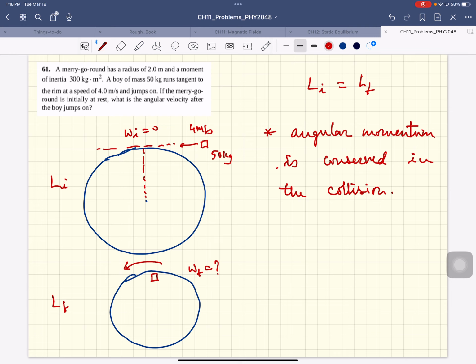So angular momentum initial is m v r perpendicular, which is the radius of the merry-go-round. So 50 kg times his velocity, 4 meters per second, and r perpendicular was 2 meters. So this is 400 kg meter squared per second.